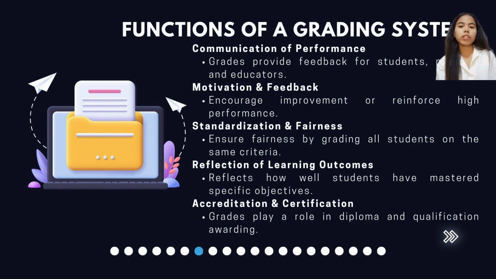The fourth one is the reflection of learning outcomes. Grades can reflect how well students have mastered specific learning outcomes or objectives. This is particularly true in outcome-based education, or the OBE, where grading focuses on demonstrating competencies and the achievement of specific skills.